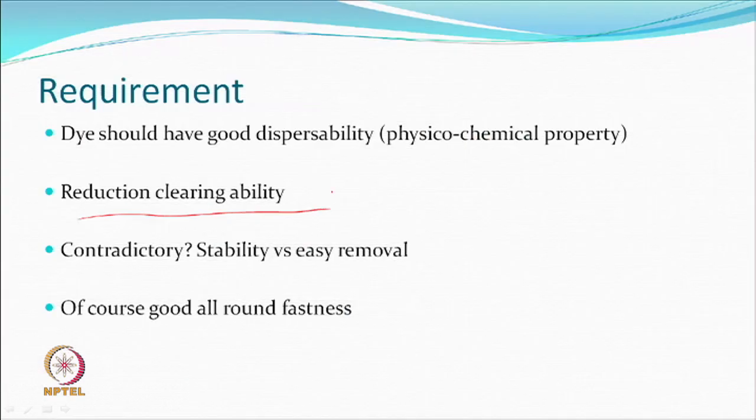Then there is a requirement of a reduction clearing. Remember, every time we do HTHP dyeing with dispersed dye of polyester, after dyeing and washing, it is assumed that some amount of particles get deposited on the surface, and so they are removed by reduction clearing processes.